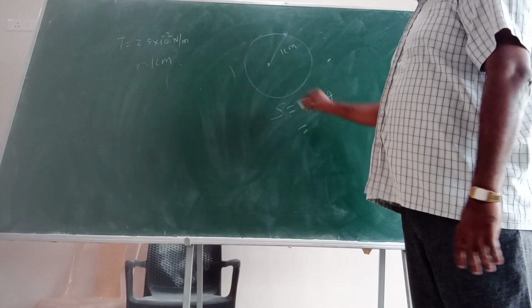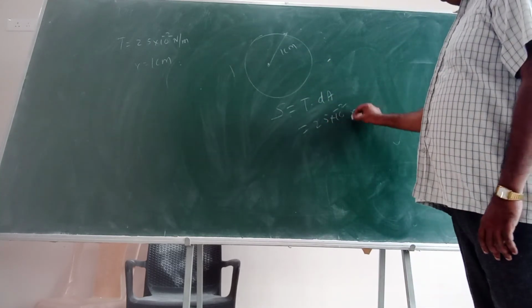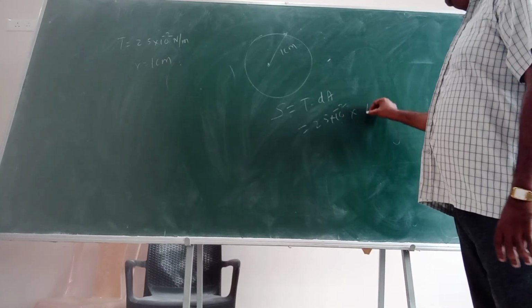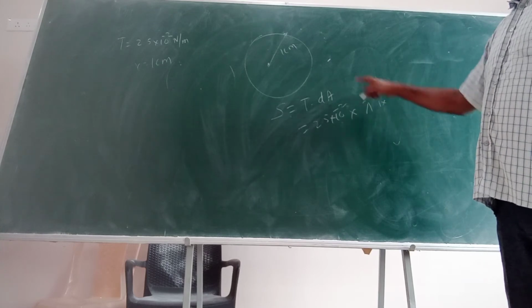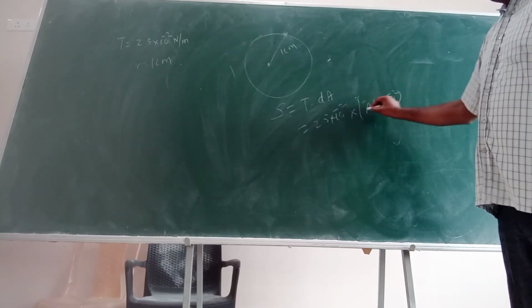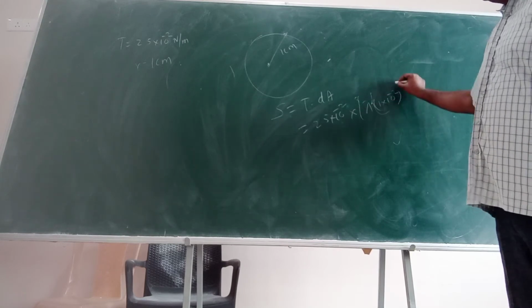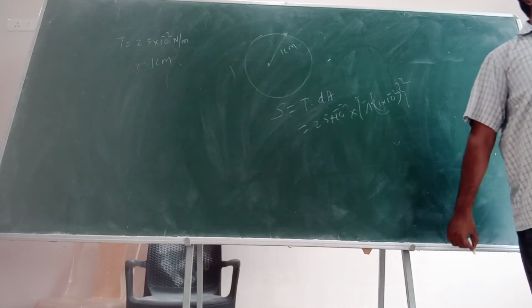T is 2.5 into 10 to the power of minus 2, into dA, which will be pi r square here. Okay? So what is 1 centimeter? It is 10 power minus 2 whole square. Pi r square. Just calculate that. Whatever you get is the answer.